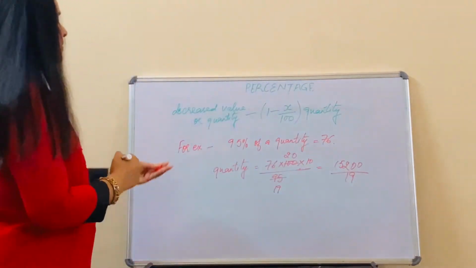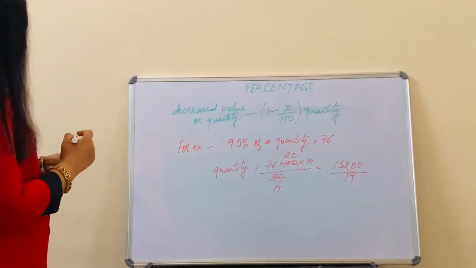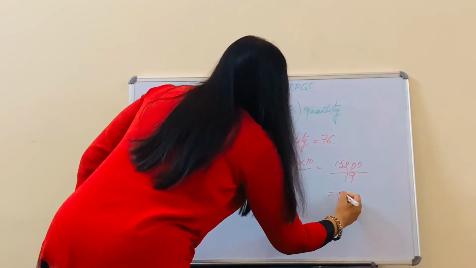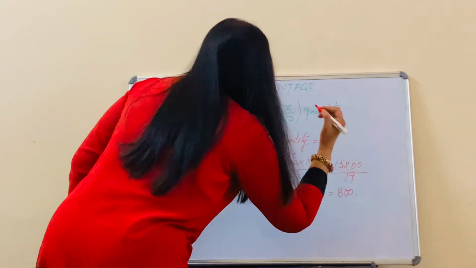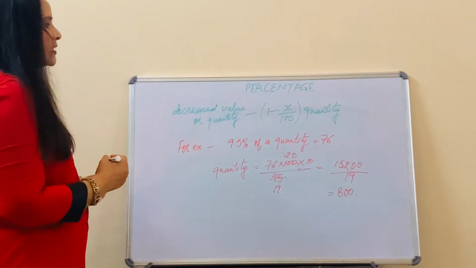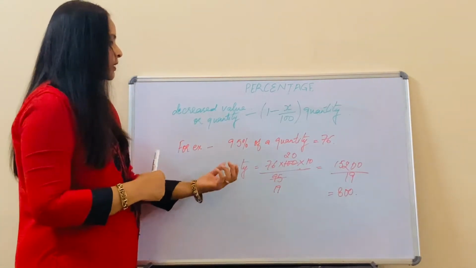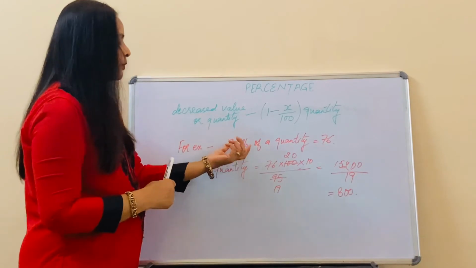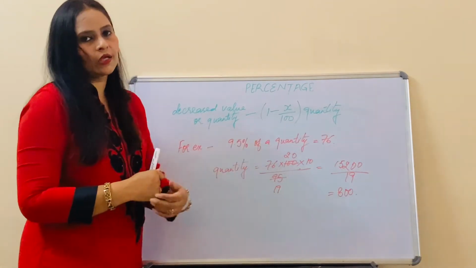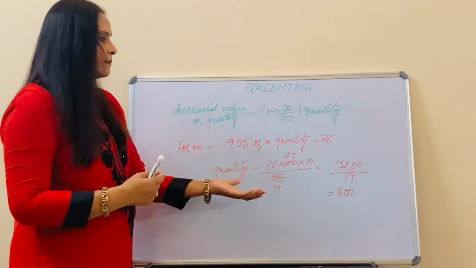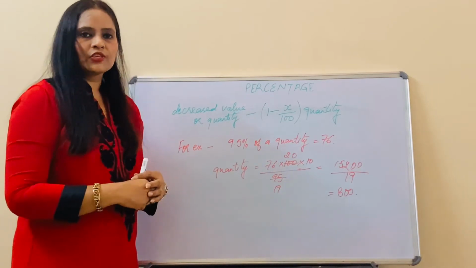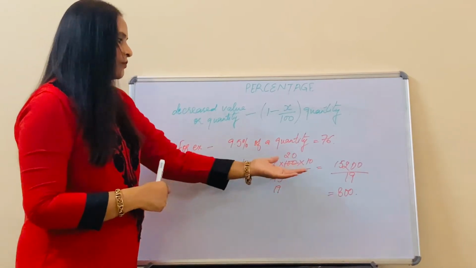We can simplify it to get the answer, but it comes out to be 800. So this is very simple. By applying the formula, you can get the quantity. Over here, you can take it as x, means 95% of x is equal to 76. Simply, it will become an algebraic expression and we will calculate it from there too.